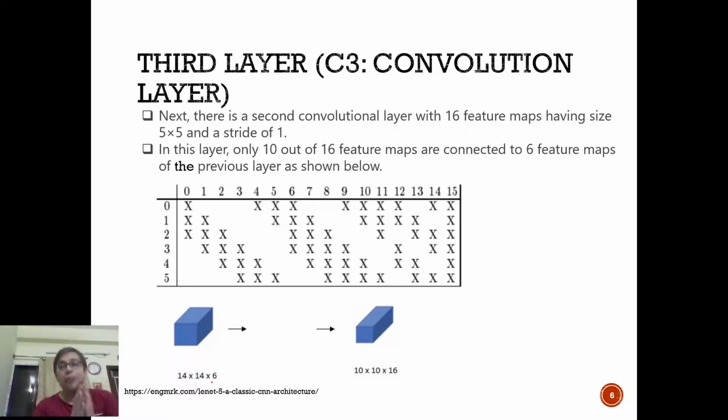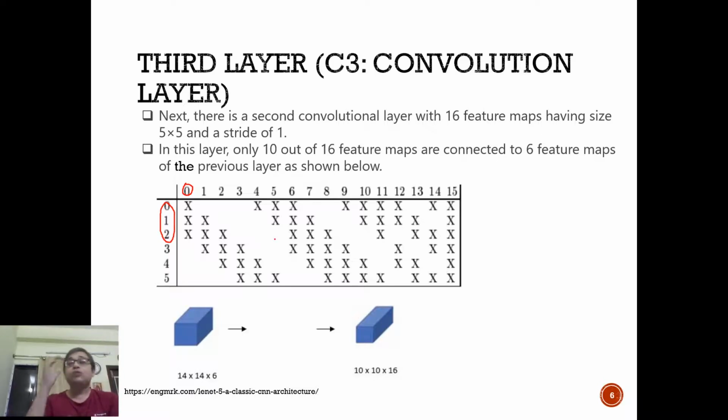Now what happened here is that not all the feature maps from the previous layer were convolved in this layer. This comes directly from the paper. What this tells is that these 3 features were used to get the first feature map, so the first filter was applied on the first 3 feature maps. The second filter was applied on the second, third, and fourth, and so on and so forth.